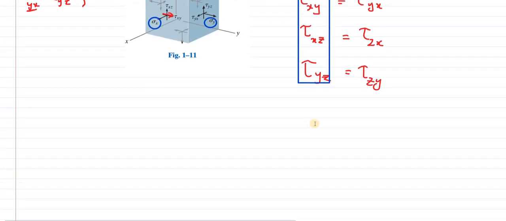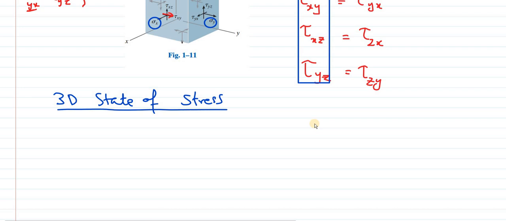So to summarize, in case of a 3D general state of stress, we need to know sigma x, sigma y, and sigma z, these three normal stresses, and we need to know three shear stress components, for example, tau xy, tau xz, and tau yz.